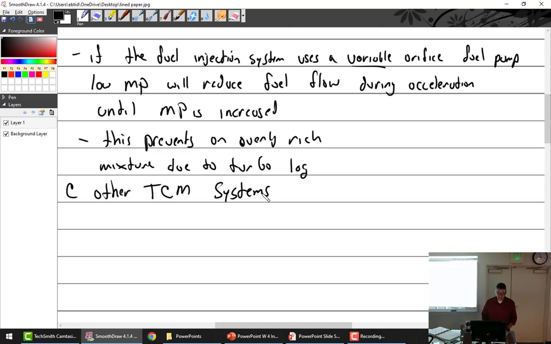Okay, other TCM systems. That system you just described is part of the TCM fuel injection system, right? Yeah, it's on the fuel injection pump for the TCM, because we're all in TCM right now. So other TCM systems. Well, I just gave you the main one with the 3 controllers. There's another one that uses a variable absolute controller.